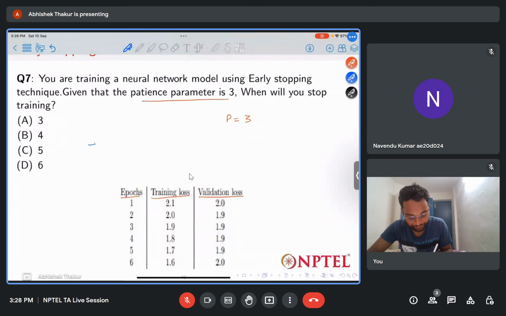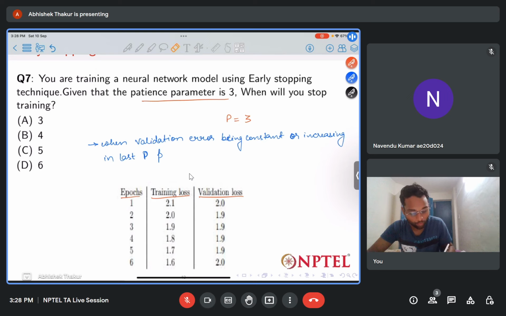So just write the point: when validation error is constant or increasing in the last p epochs, then we will stop the training process.